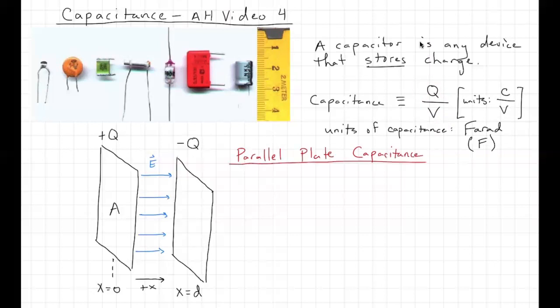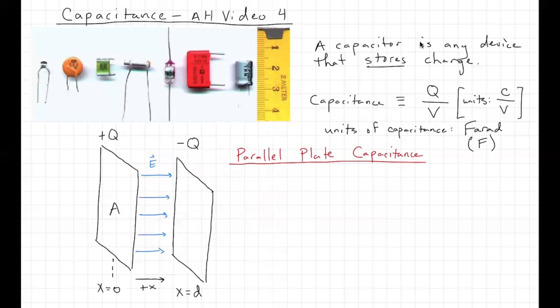Imagine I've got two parallel plates, a system that we've studied at some length. There's some charge on each of the plates. Let's say the magnitude of the charge is the same on each plate, but on the left plate the charge is positive, and on the right plate it's negative. Those plates are parallel to each other, which is why it's called a parallel plate capacitor.